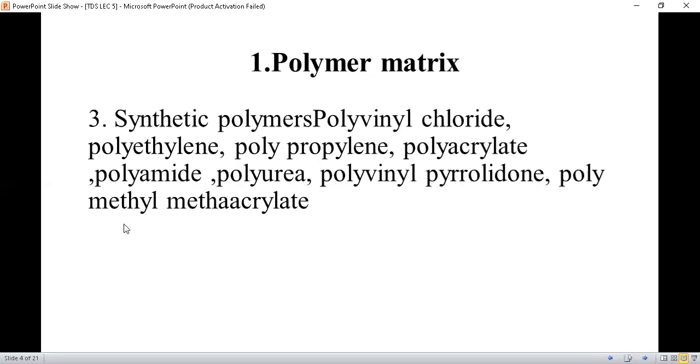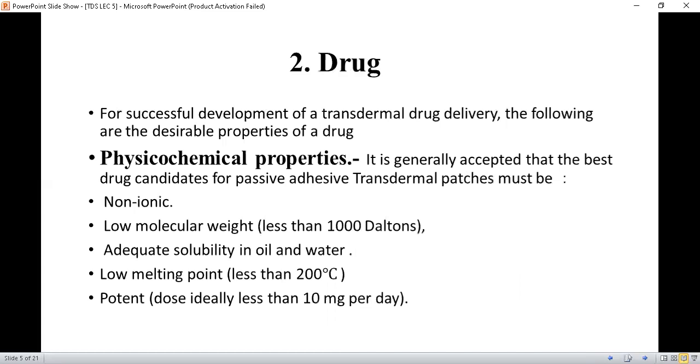Let's proceed further. Next, synthetic polymers like polyvinyl chloride, polyethylene, polypropylene, polyacrylate, polyurea, polyvinyl pyrrolidone, and polymethyl methacrylate. These are the synthetic polymers used in the formulation of transdermal systems. The second important thing is the drug.